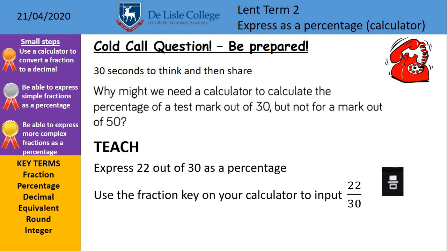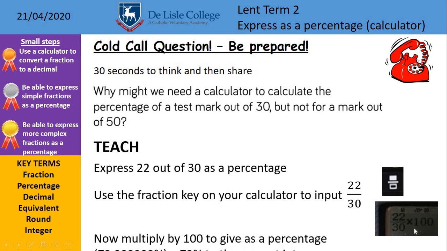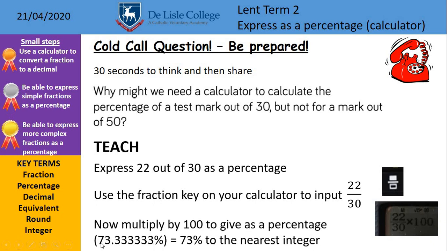But if you have got this fraction button, it will be much better to use this. So this is what it would look like when you've used the fraction key, but then to get a percentage we would multiply by 100.